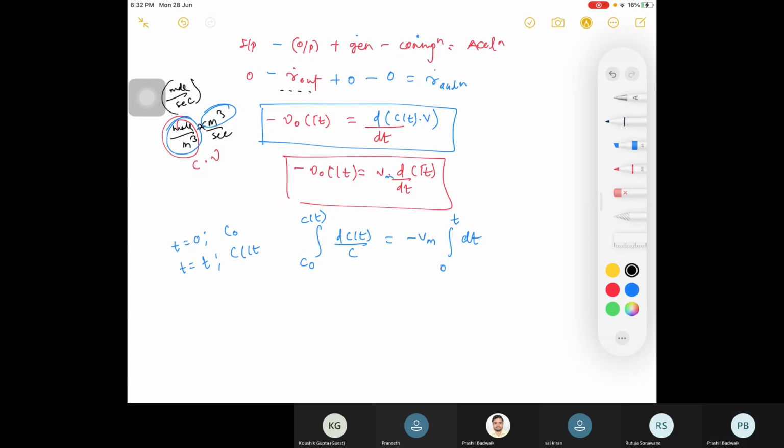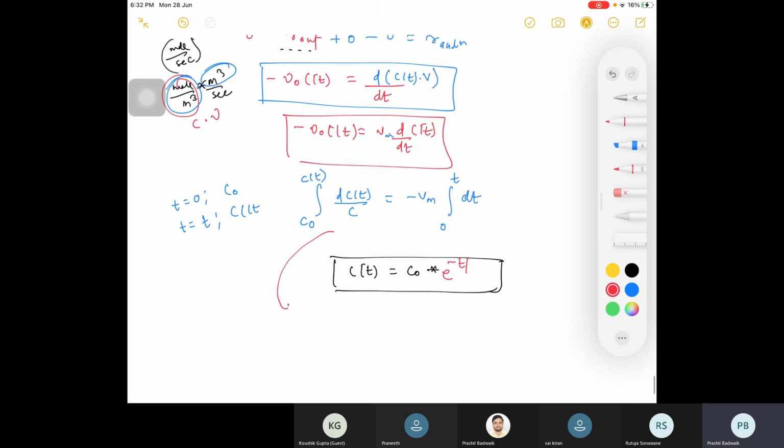So what equation are you getting? C(t) is equal to C naught into e raised to the power minus nu naught t divided by V. So you will have values like, first you will get in terms of volume.